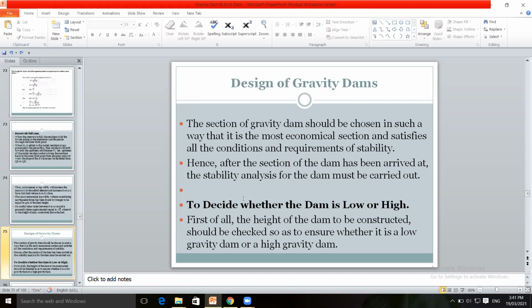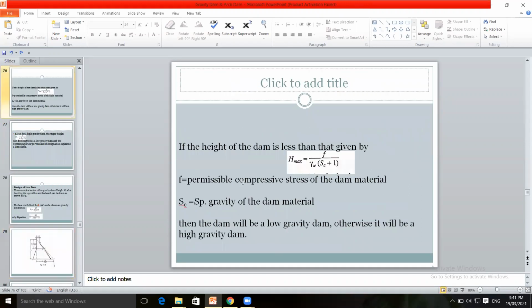So the height of the dam should be fixed. For a low gravity dam it may be less, for a high gravity dam it may be maximum. If the height of the dam is less than that given by this equation, Hmax is equal to F by gamma W into bracket SC plus 1.